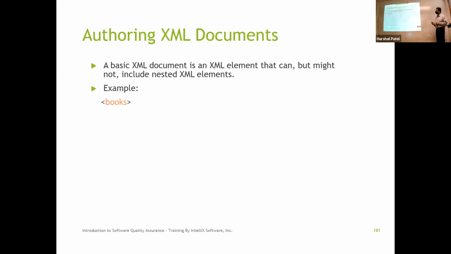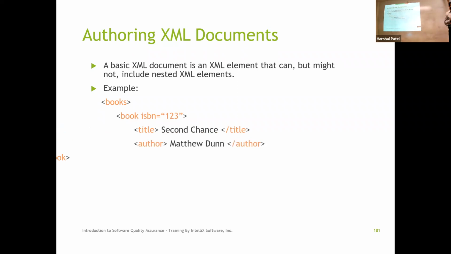So for example, I can have a basic XML document that can include nested elements. Okay, so we talked about book. Here's an example of the book. I have a book collection, and inside that, I have one entry called book.